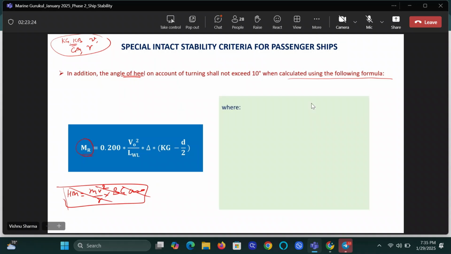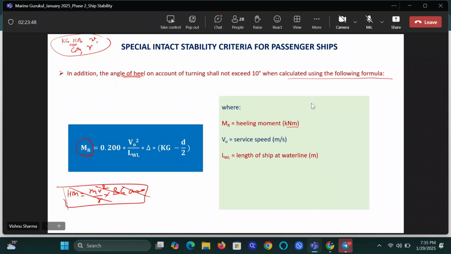In this, MR is the heeling moment, and pay attention to the units. It's in kilonewton meter, kilonewton, not newton. So kilonewton will be when you take the mass in tons, ton into g. V naught is the service speed, in which units? Meters per second. L is the length at the waterline.